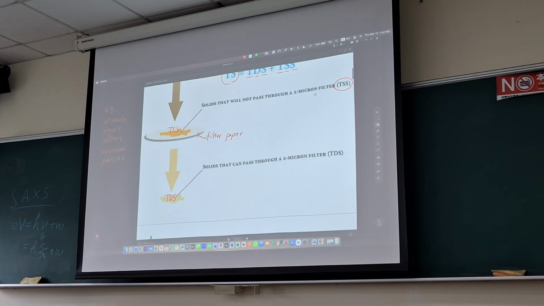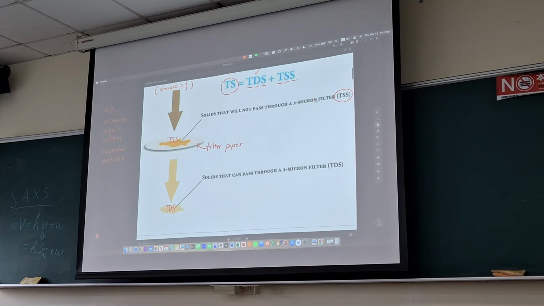Okay. In this PowerPoint slide, I mentioned 2 microns, but this is just an example. It depends on the pore size of the filter papers.